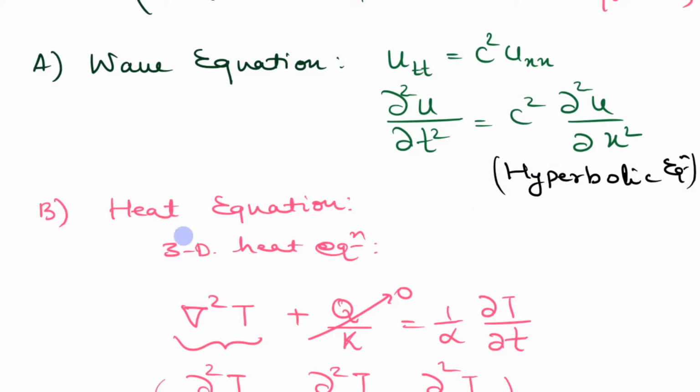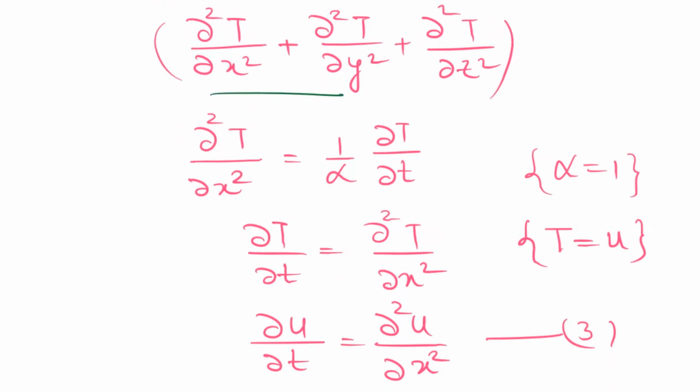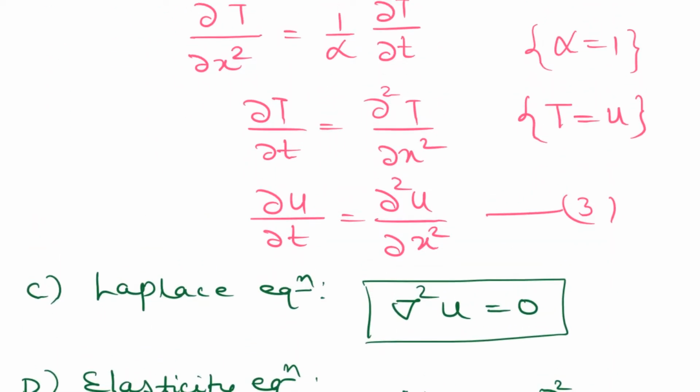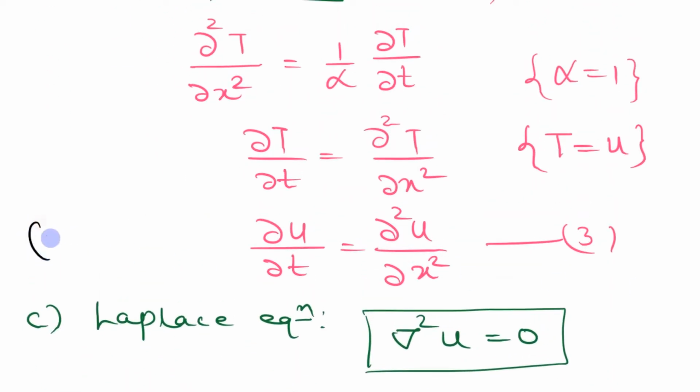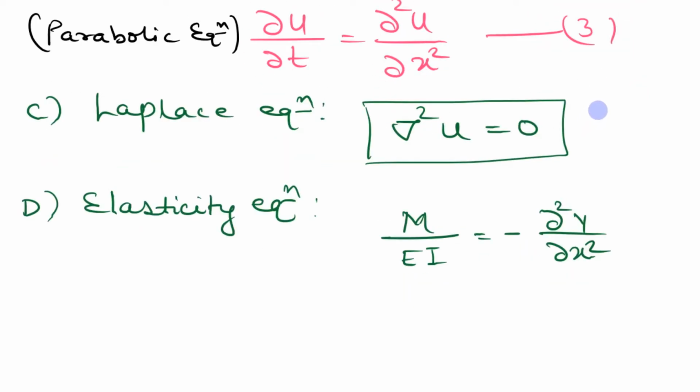And this 1D heat equation is a parabolic equation. So not 3D, but the 1D heat equation that we have derived here is parabolic. And the Laplace equation is an elliptic equation.